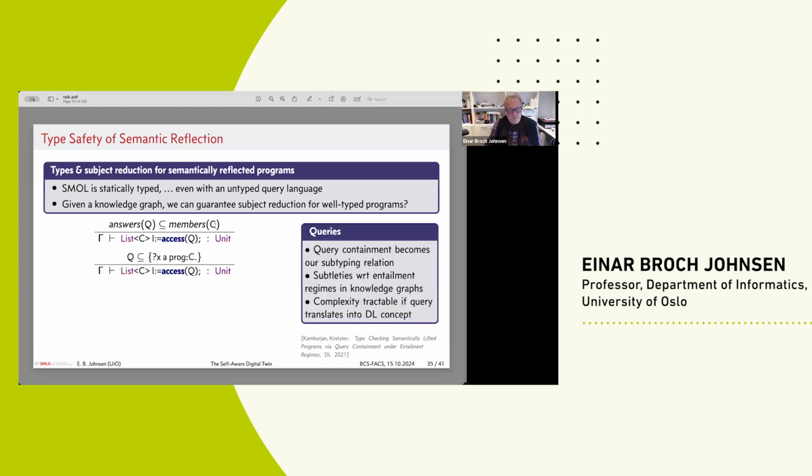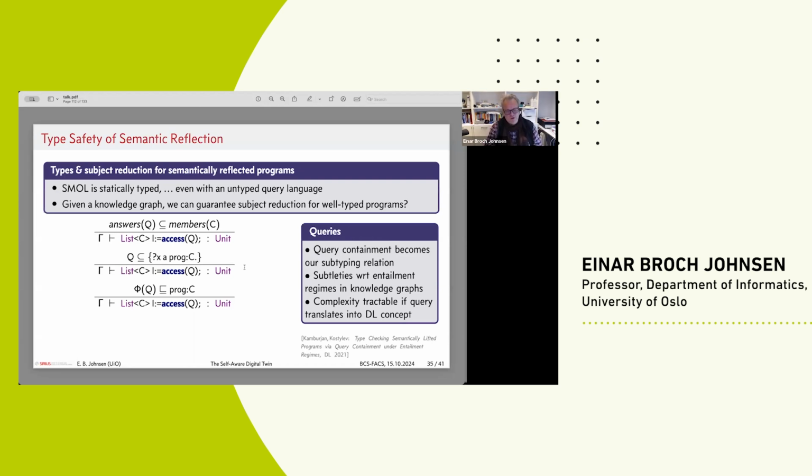And this we can ask in the following sense. Members we can actually represent as a query, which is: give us all the individuals of the concept of being a class C in the program. The problem is that there are no efficient solutions to ask if this query is subsumed by that query. So here we have a problem of query subsumption or query containment, which is really our subtype relation, but we don't have efficient algorithms for it.